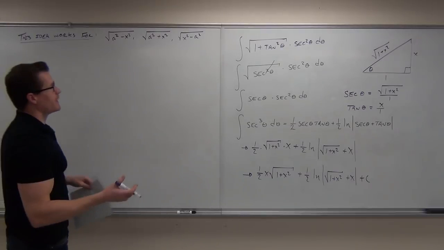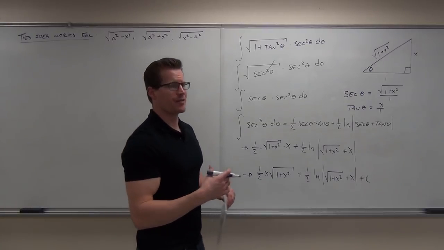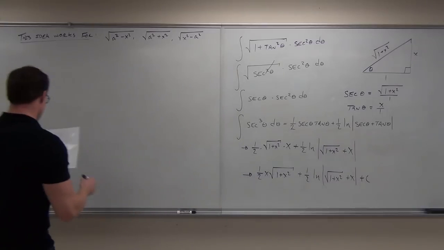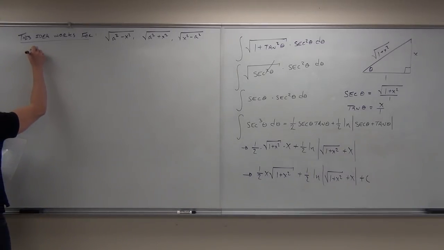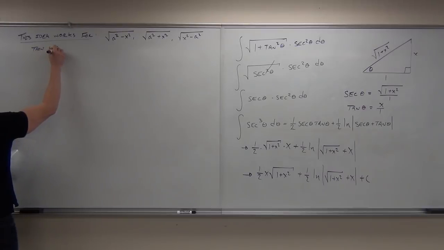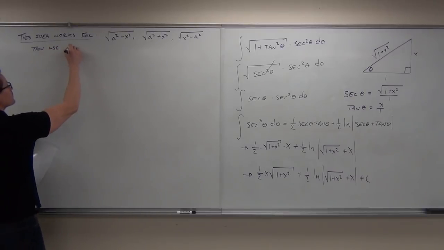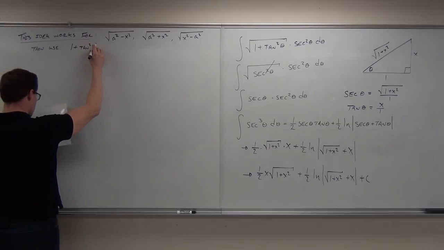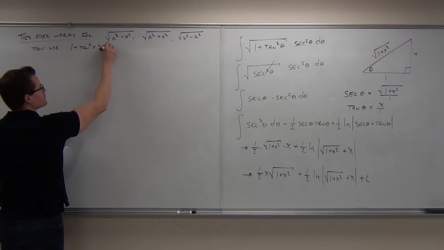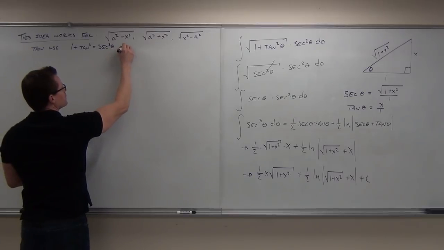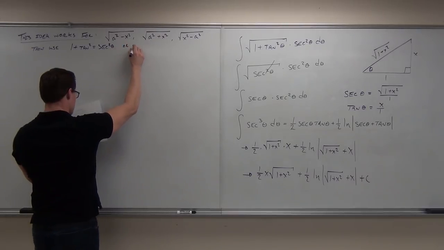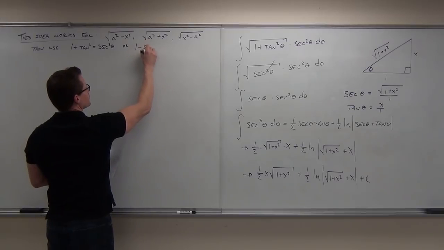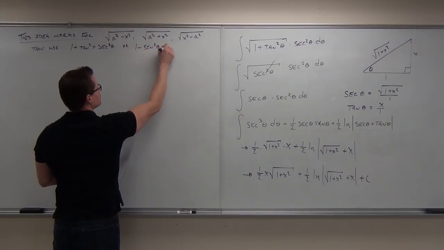Now, after we do that, we'll be using one of our Pythagorean identities. So then we use either 1 plus tan squared equals secant squared in one way or another, and/or 1 minus sine squared equals cosine squared.